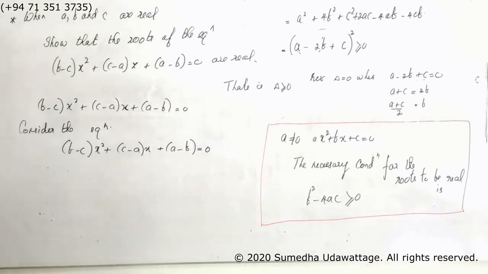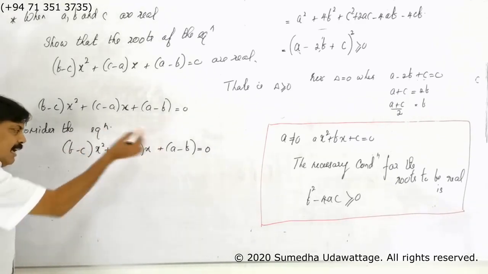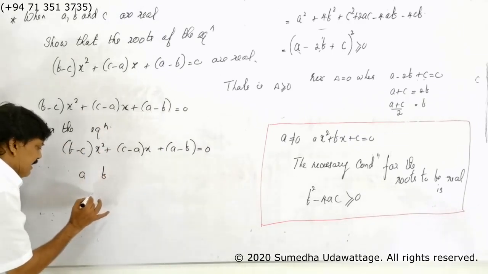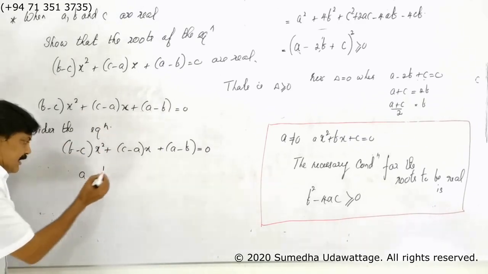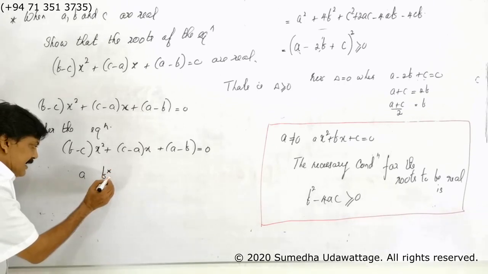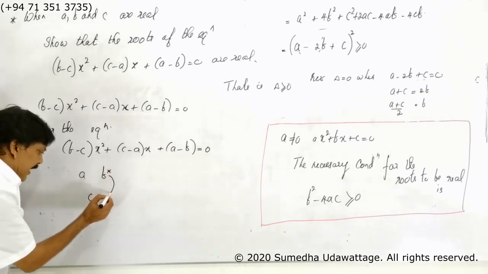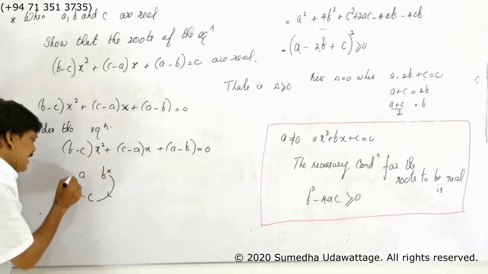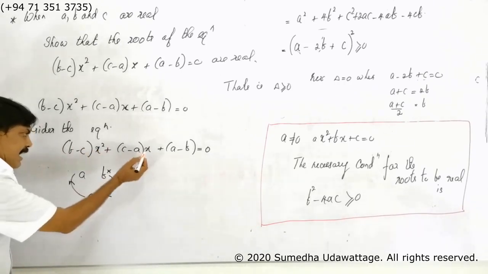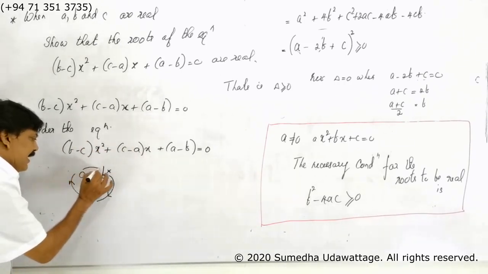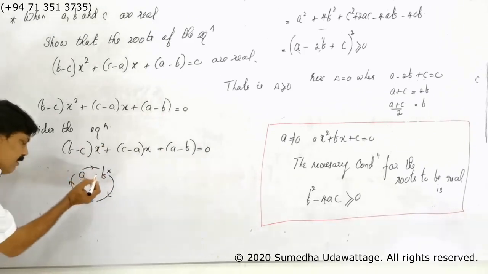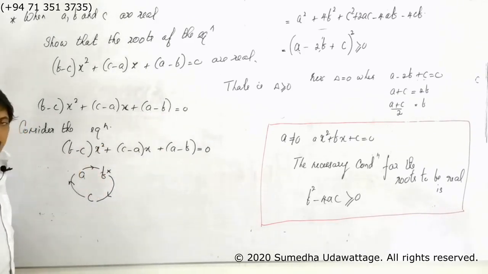Now, we try to study this question. You get the values a, b, c. Starting from this value, it is given (b minus c)x squared plus (c minus a)x plus (a minus b) is equal to 0. The question started from the value b.